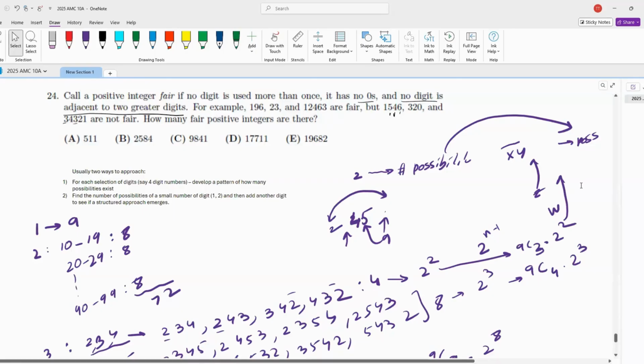So what I wanted to demonstrate is that proceeding by just writing stuff down and trying to develop a pattern seems to work many times in the AMC 10. Right? In AIME, you'll have more time, and the questions will require a great deal more thought.